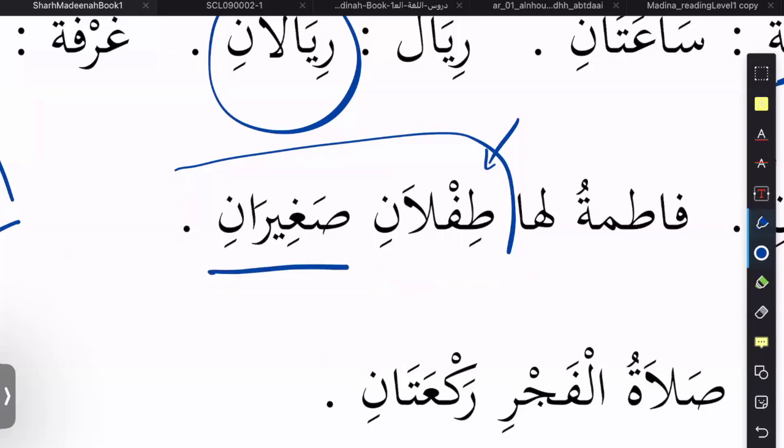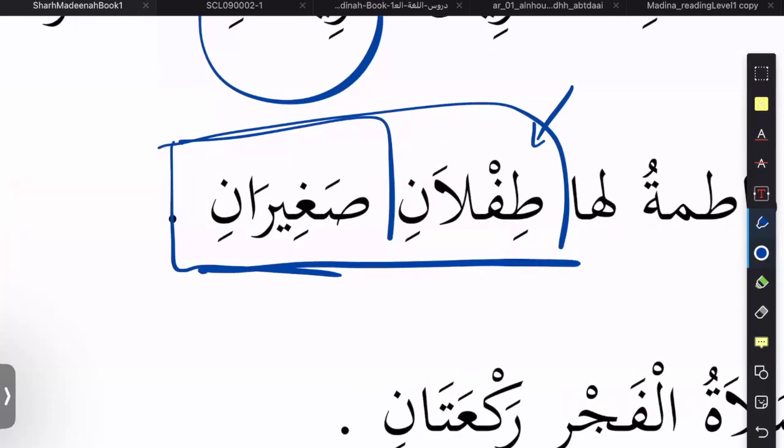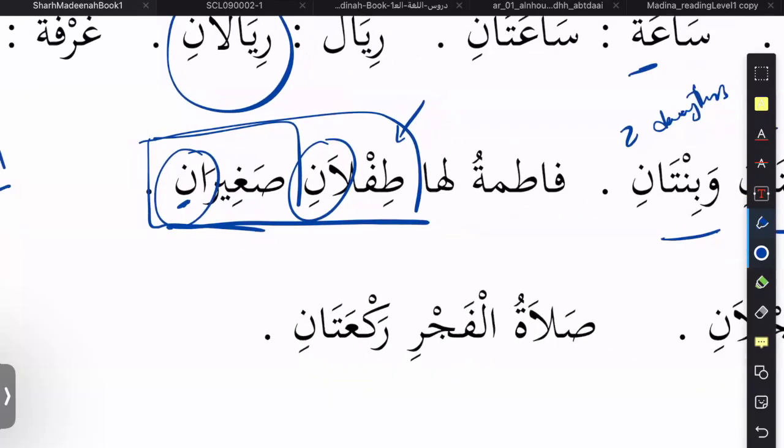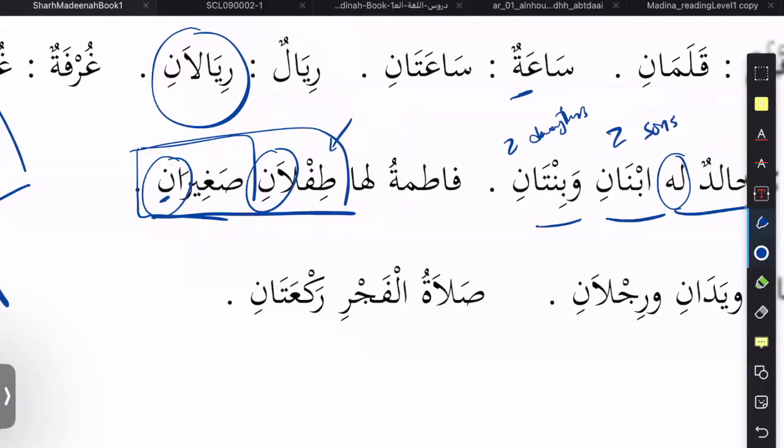But look what's going on with the adjective. Remember, the adjective has to match what? The number. We don't say tiflani sagirun. No, we say tiflani sagirani. Same rule, guys, that we learned. The adjective must follow all four things: gender, grammar, number, and the definiteness.